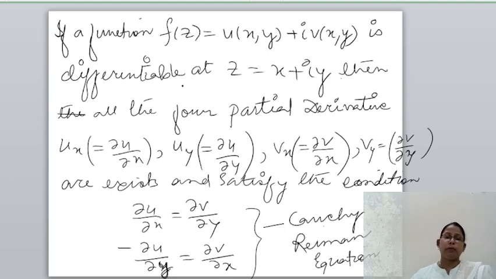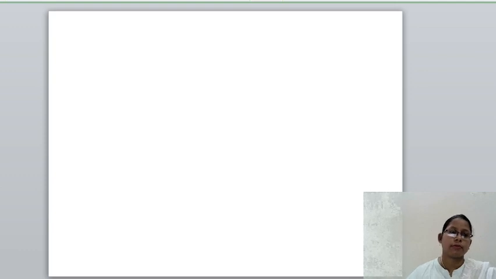That means if a function is analytic, then all the four partial derivatives exist and it satisfies the CR equations. Now, the proof.